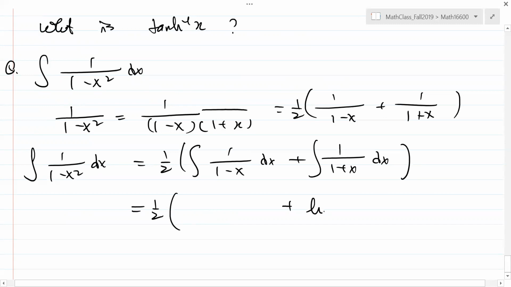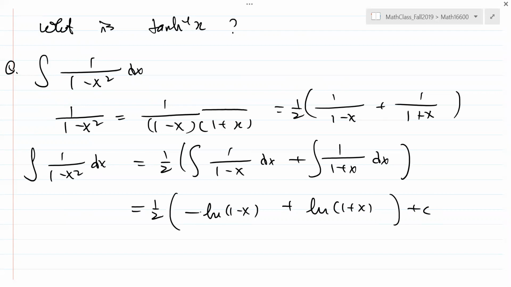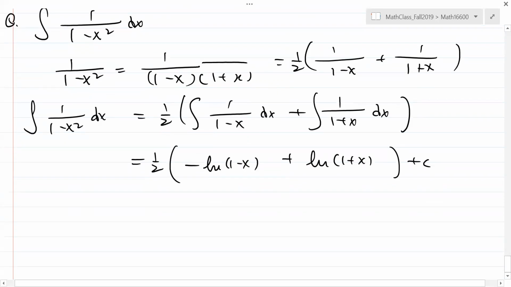I know the second term is definitely 1 plus x, and plus a constant. The first term, is it going to be 1 minus x here? But a negative sign is missing, okay? When you differentiate, you get 1 over 1 minus x, but you also get a negative sign. So that's why you have to put a negative sign in front of it. All right, so now you can combine them.